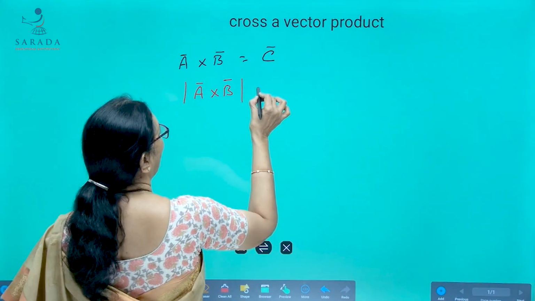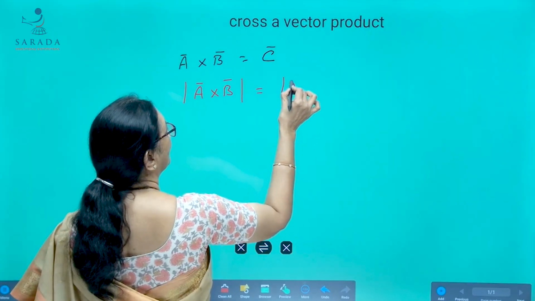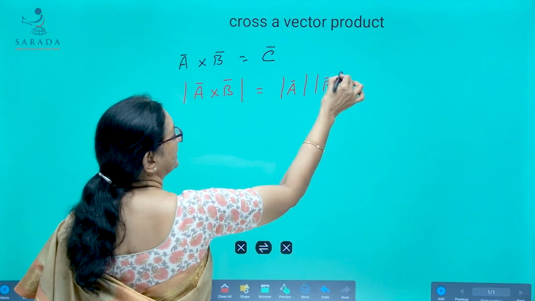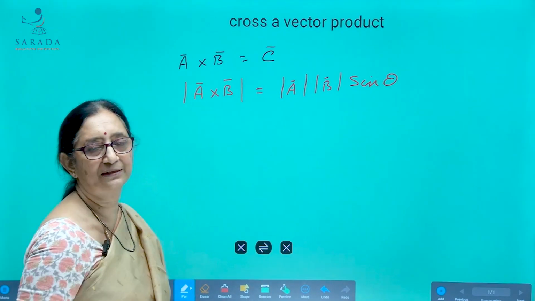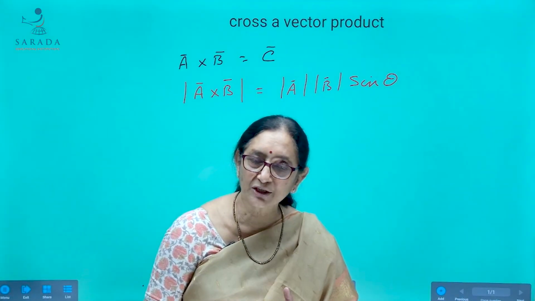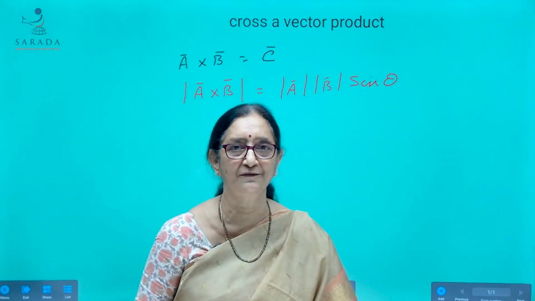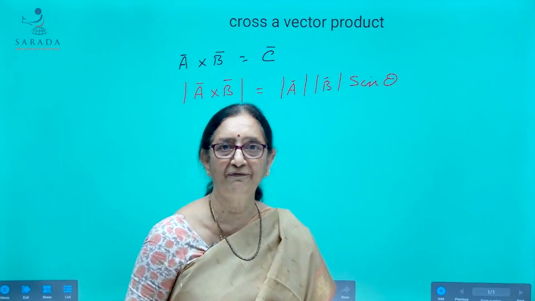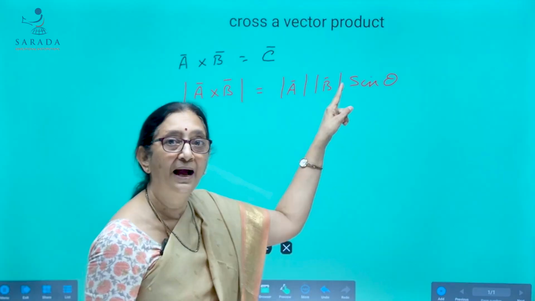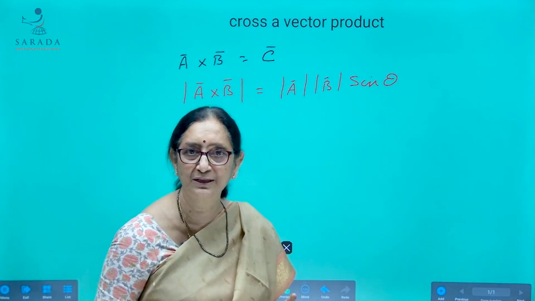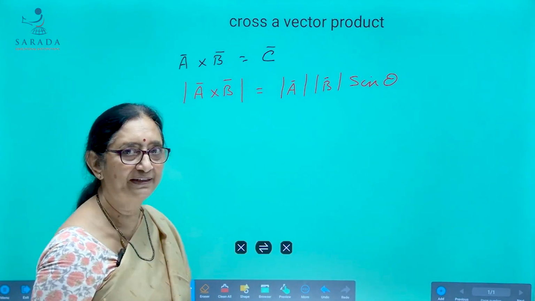It is defined as the product of their magnitudes and sine of the angle between the two vectors.